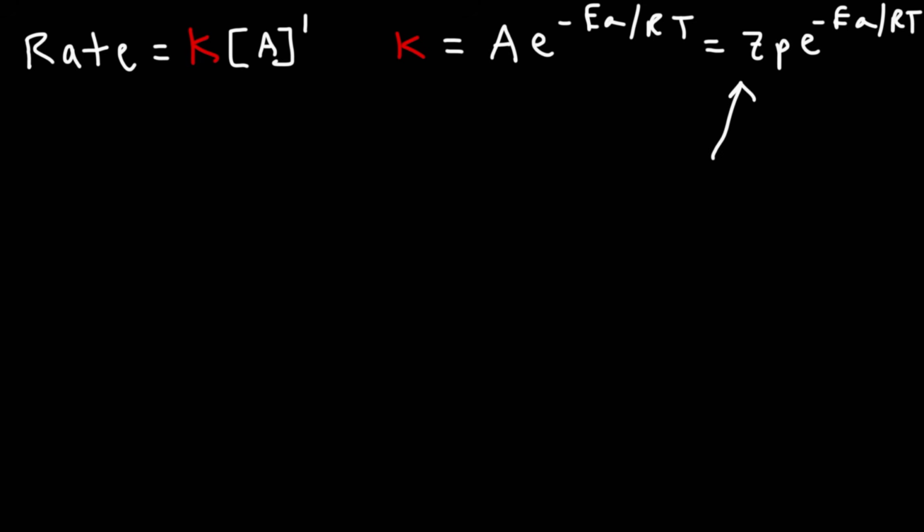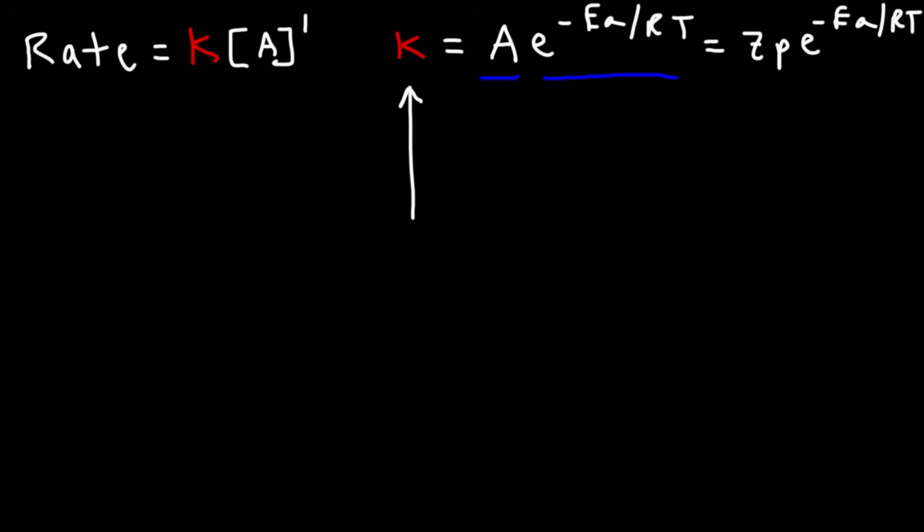So if Z is the collision frequency and p is the probability that two colliding molecules will have the right orientation, A represents the total number of collisions per second that's occurring in a reaction with the right orientation. Now, if we multiply the frequency factor by the fraction of molecules having sufficient energy, we can thus come up with an understanding of the rate constant k.